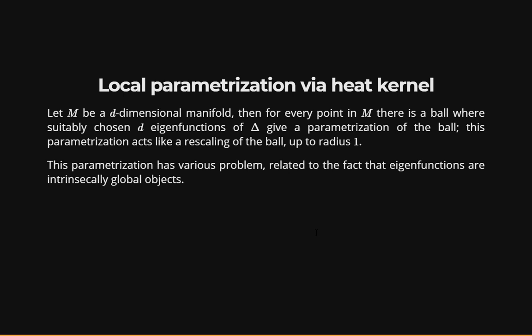Moreover, these eigenvectors correspond to the eigenfunctions of the Laplace-Beltrami operator, so they are global objects. They depend on the global geometry of M, which is useful, but not if we want just to locally parameterize our space, maybe because it's a very curved space, so we know it won't be flattened out in one single parameterization.